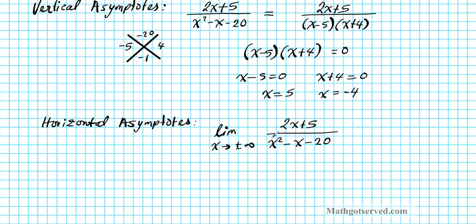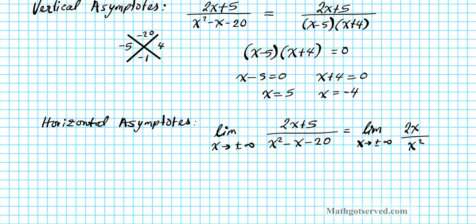So this limit in essence is the limit as x approaches plus or minus infinity of the term with the highest degree or the leading coefficient on the numerator, which is 2x, and then the term with the highest degree in the denominator, which is x squared.